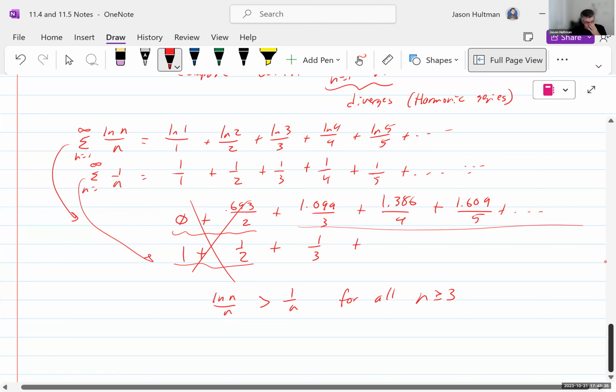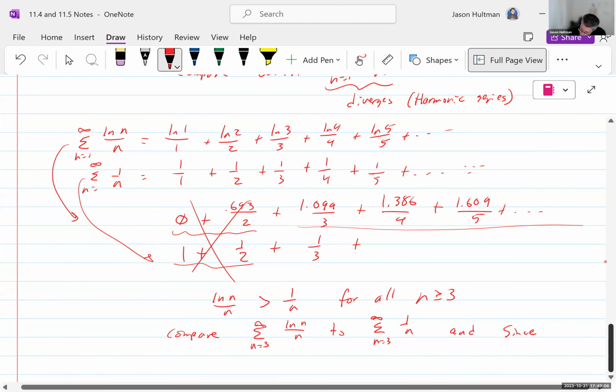Okay, so if we start at 3, then we can compare the summation n equals 3 to infinity of natural log of n over n to the summation n equals 3 to infinity of 1 over n.